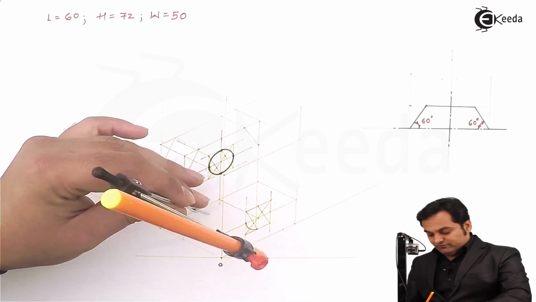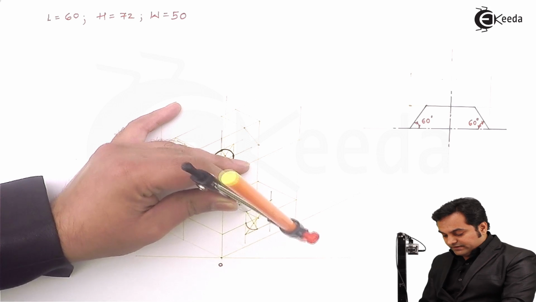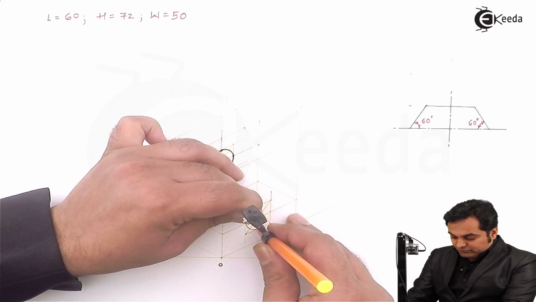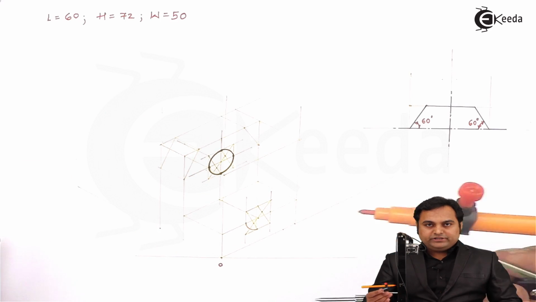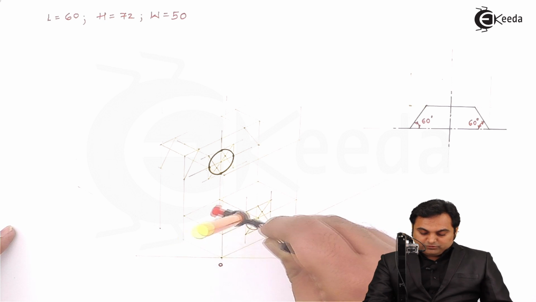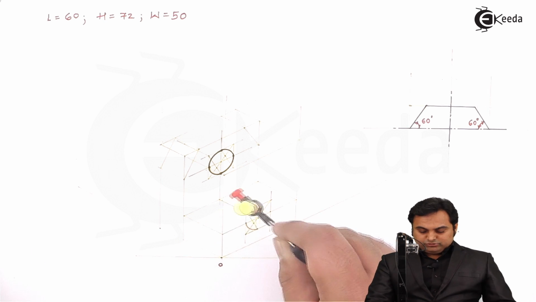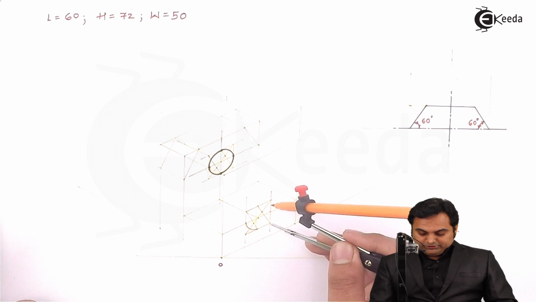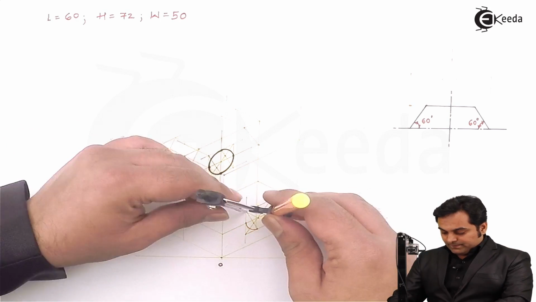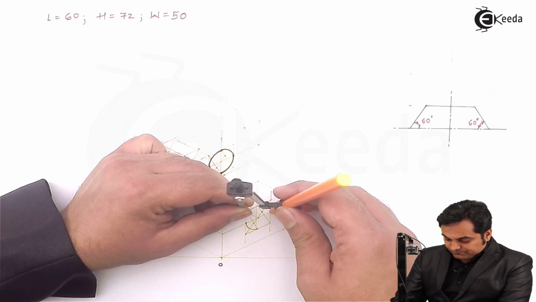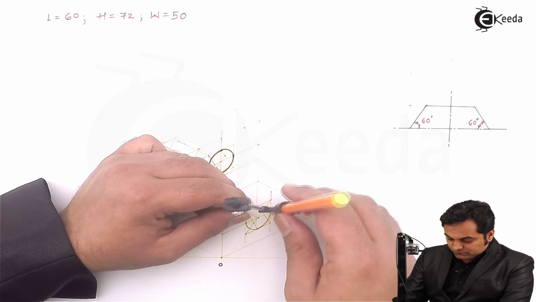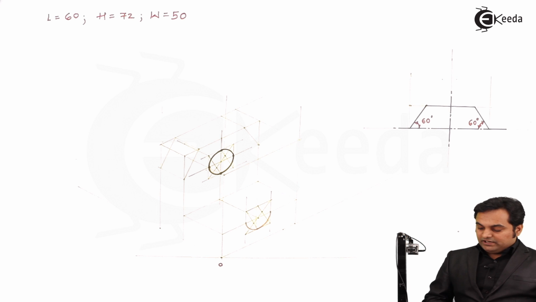So for that I have to take the radius from this side, that is, this will be my center point, and here I have to measure this radius, because I cannot take this point as the center point, because here the semicircle would be completing, that is, it would be going into the diagram and we are getting the circle. So no need of this center point, but this center point is required, which will give us the bottom arc. Drawing it with the help of a light arc.